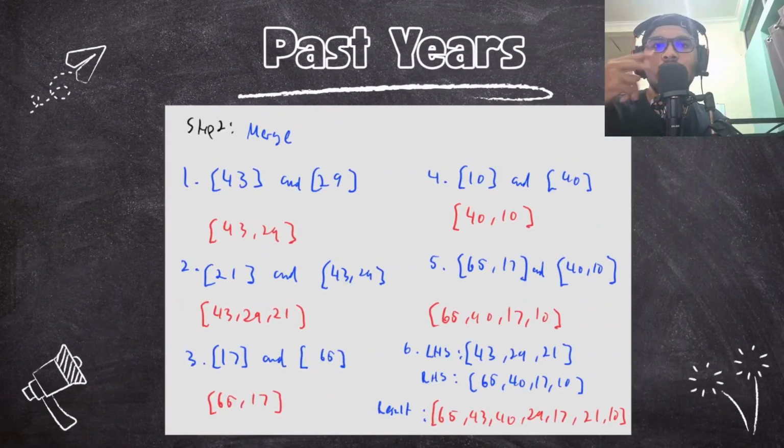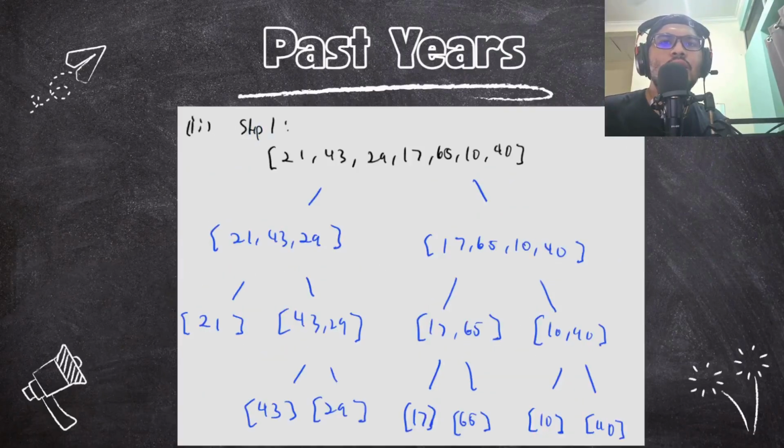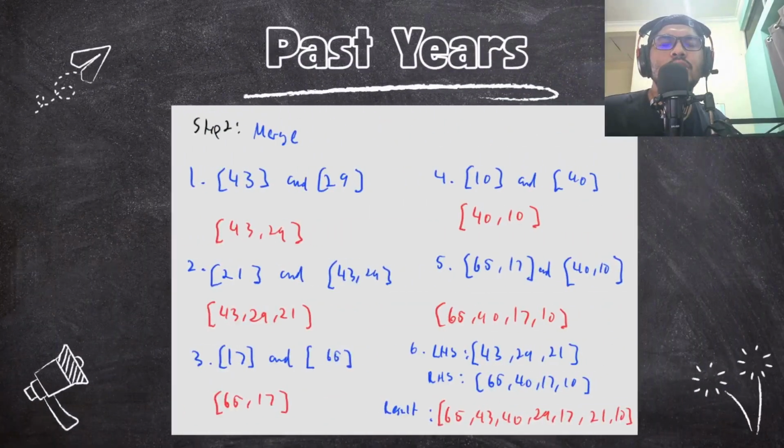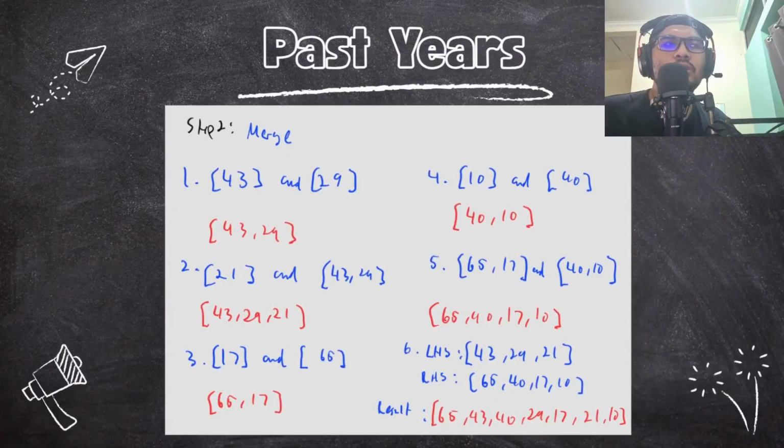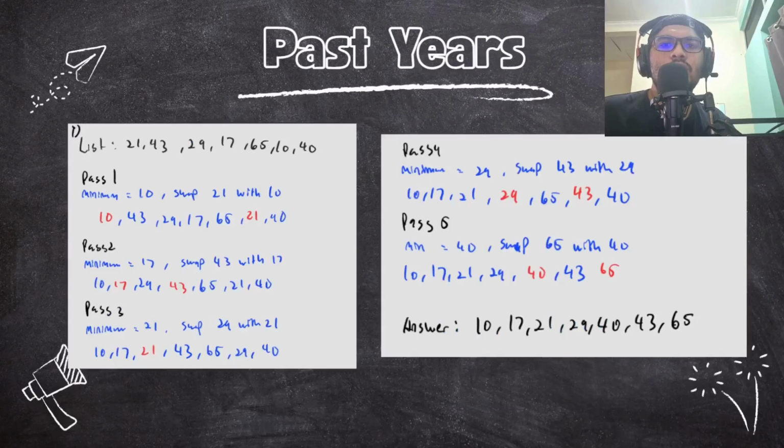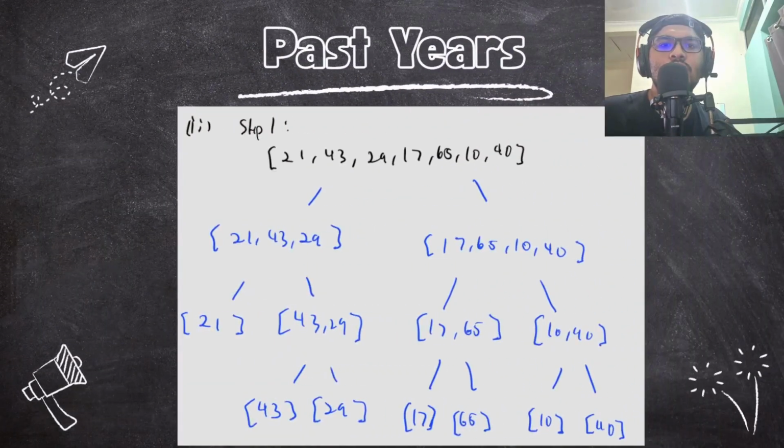Next is the merging process. So we want to merge this in descending order. So first we will look at the left hand side of the tree, which is 21, 43, and 29. So we start with the biggest, with the tree of 43 and 29.